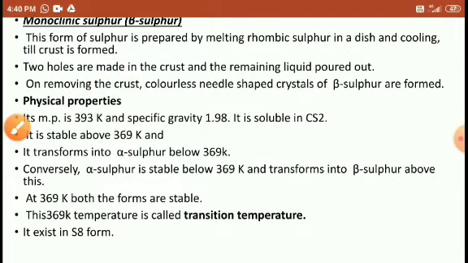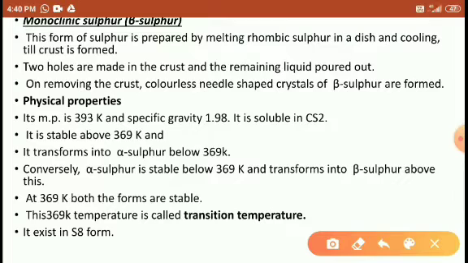When we want to get alpha sulfur from monoclinic, what we have to do is decrease the temperature. If you decrease the temperature below 369 Kelvin, again it turns into alpha sulfur, right?